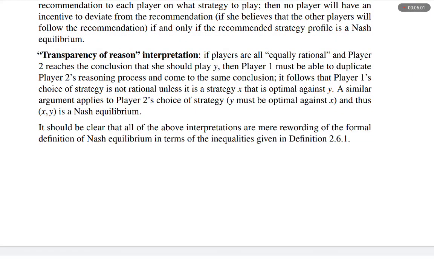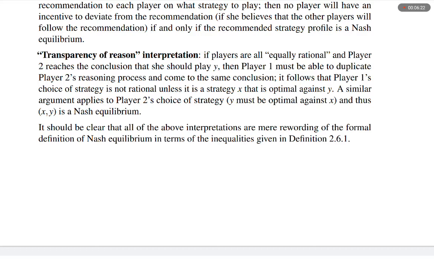Transparency of reason interpretation: if players are all equally rational and player 2 reaches the conclusion that she should play Y, then player 1 must be able to duplicate player 2's reasoning process and come to the same conclusion.